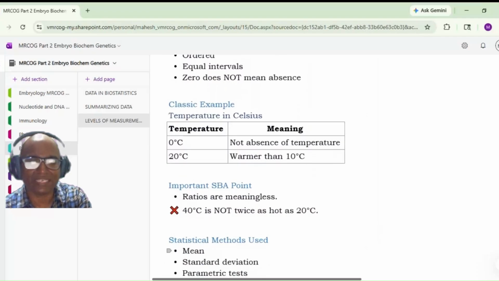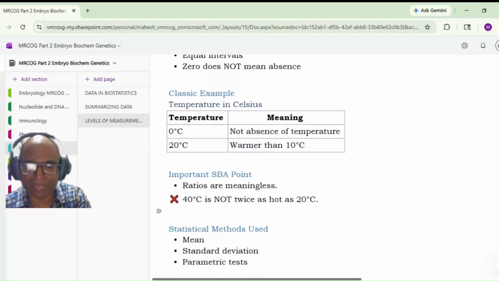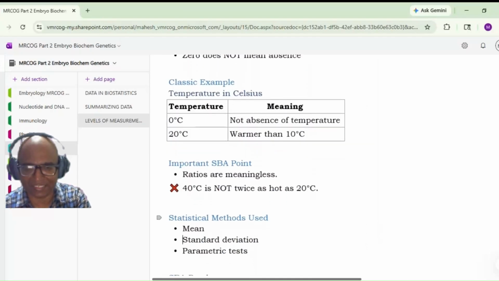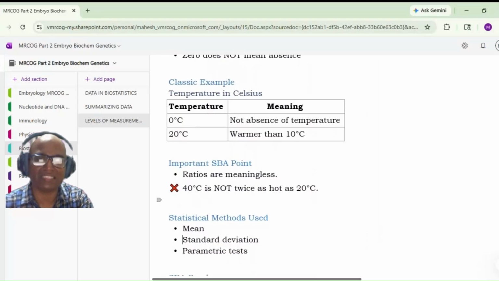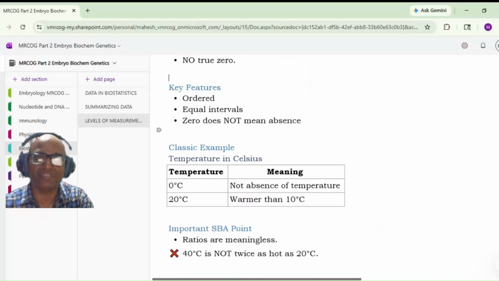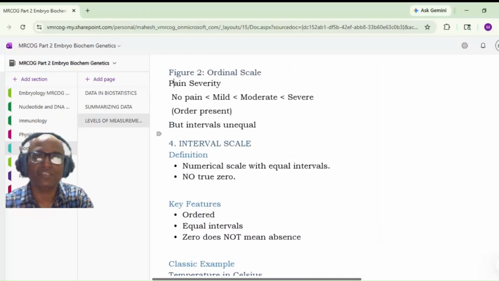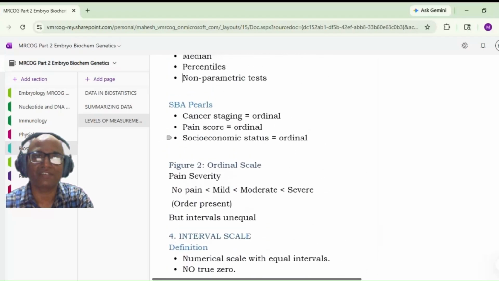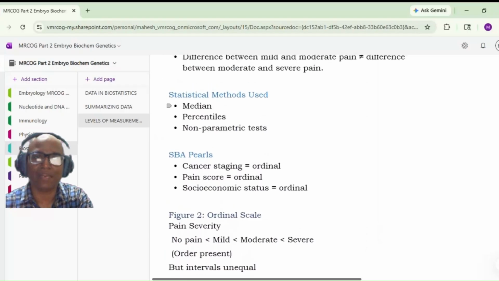Here, what kind of statistical test are you going to use? You will describe this with mean and standard deviation, and you will use parametric tests. In the previous one, ordinal, we used the non-parametric test, with median and percentile for describing.